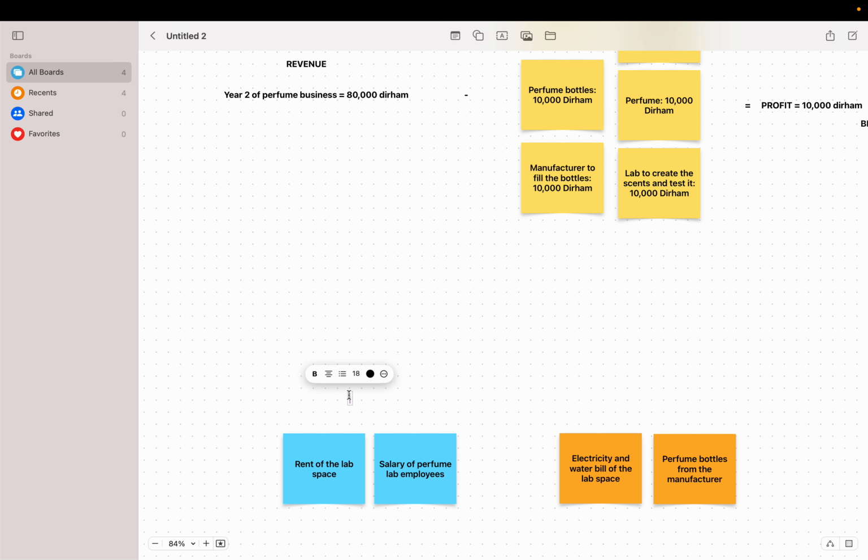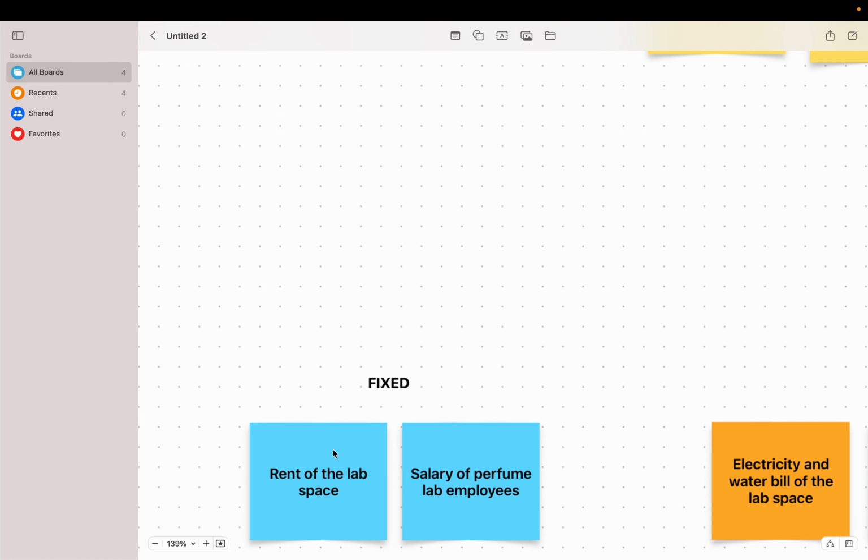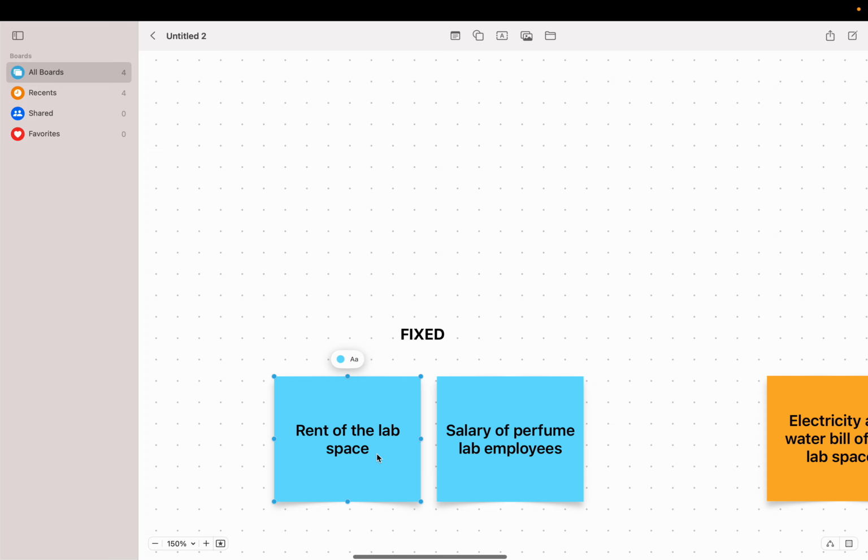But there are different types of costs. A fixed cost is something that does not change from month to month. For example, no matter what I do in the lab space, even if the employees are not as productive one day or the other, I'm still going to pay, let's say, 20,000 dirham per month just to rent the space. It's not going to change. This is the set price per month.